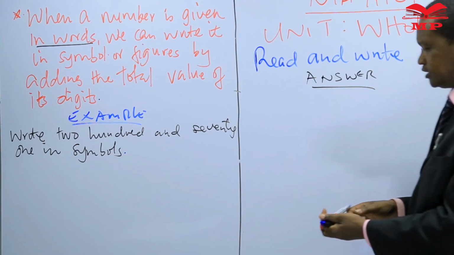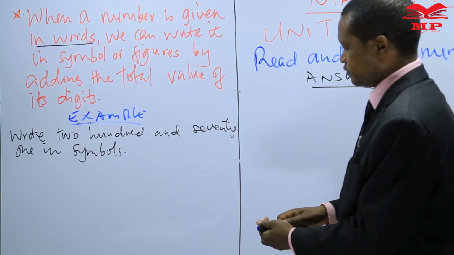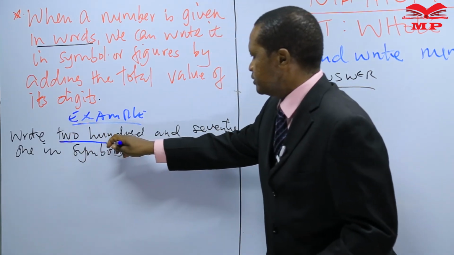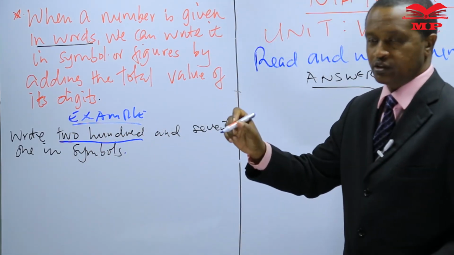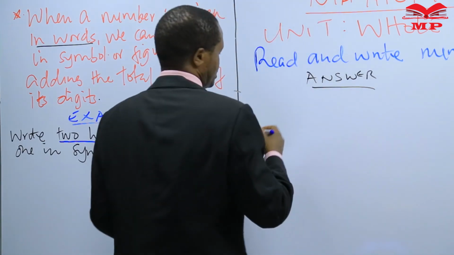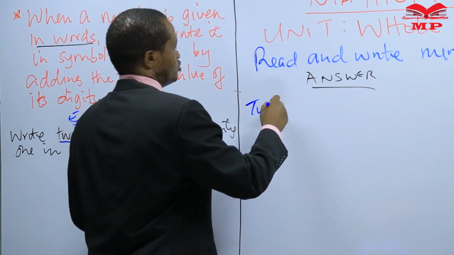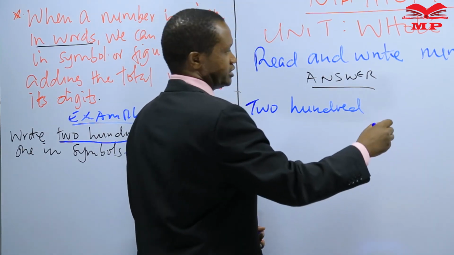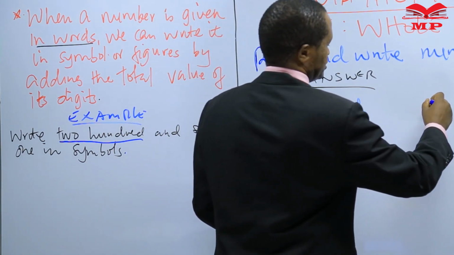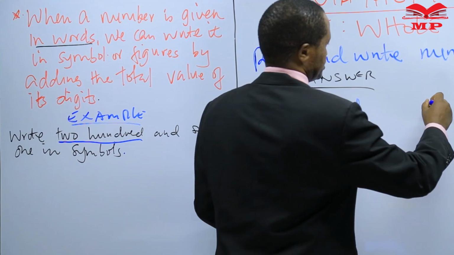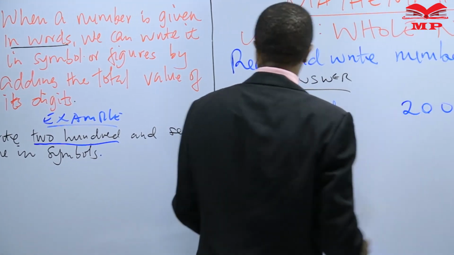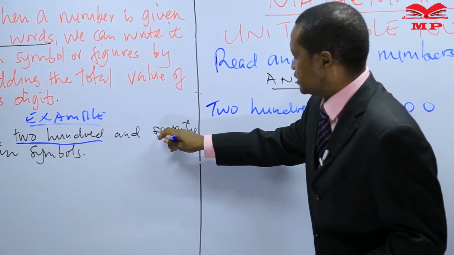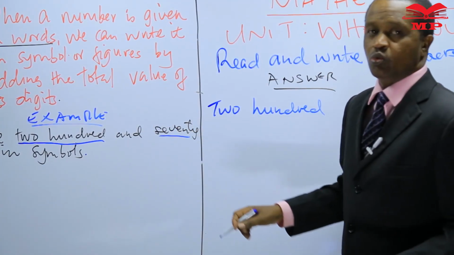So we start with the total value of 200. You come here and write 200 is written as 200, the total value is 200. Then we have 71.